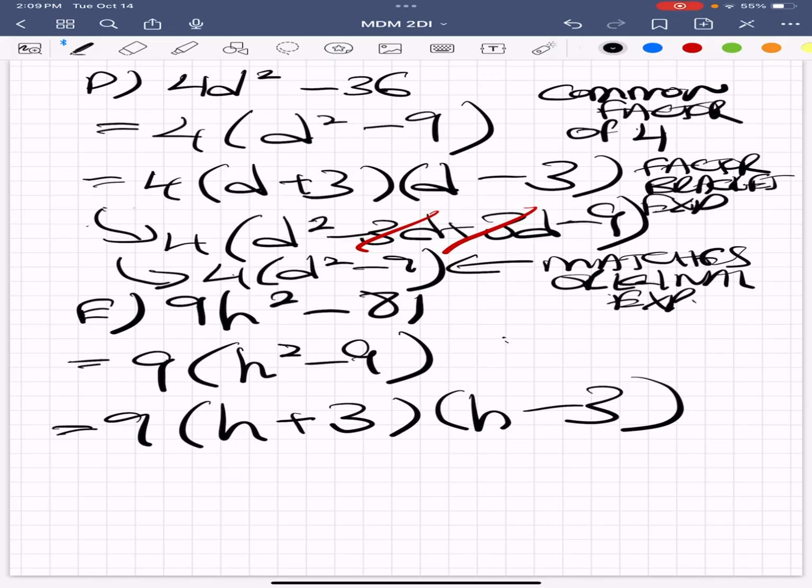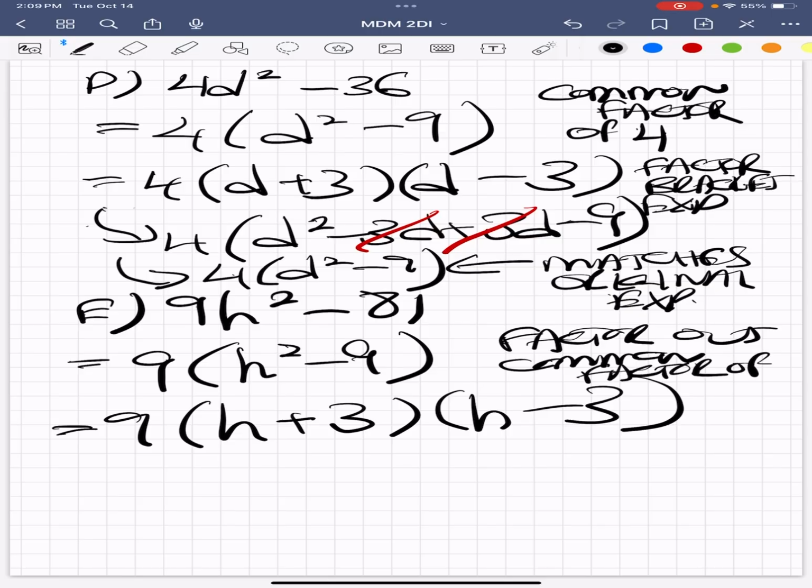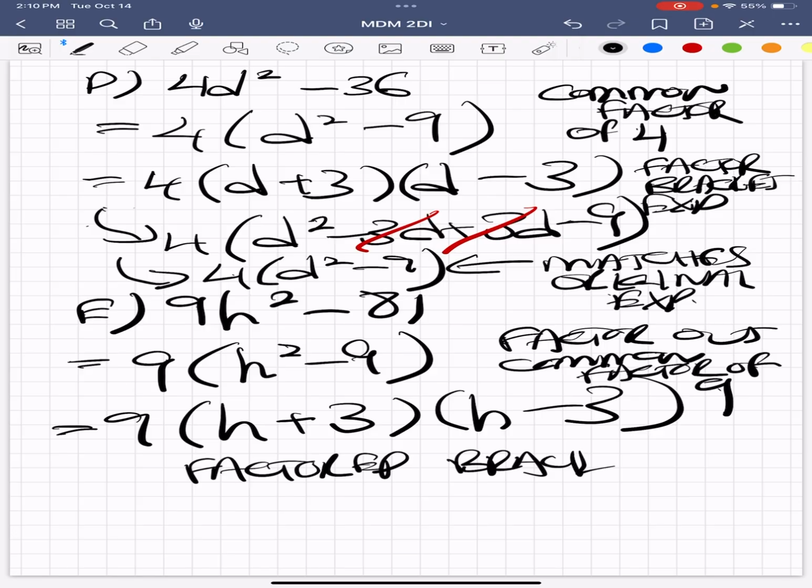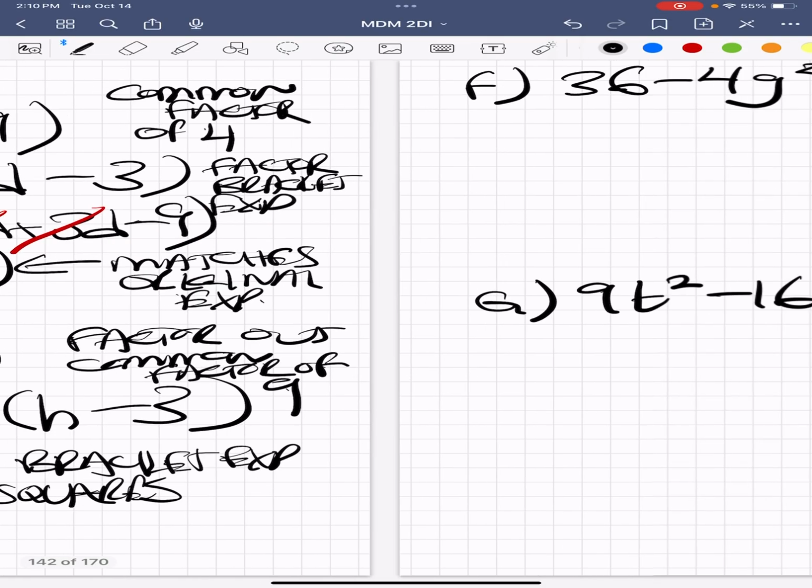So we factor out the common factor of 9, and then we factor the bracket expression, the difference of squares. Moving on.